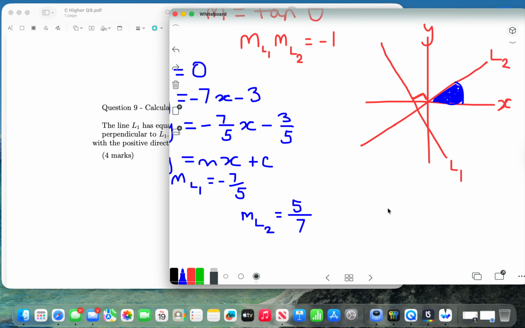So as I said earlier, we can use m equals tan of theta, where theta is the angle the line makes with the positive direction of the x-axis.